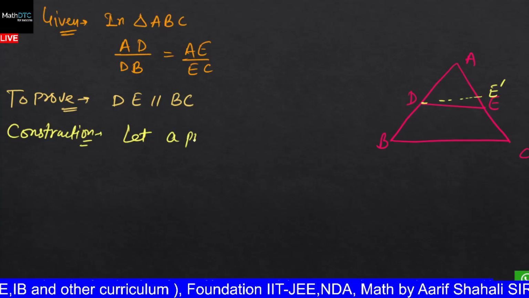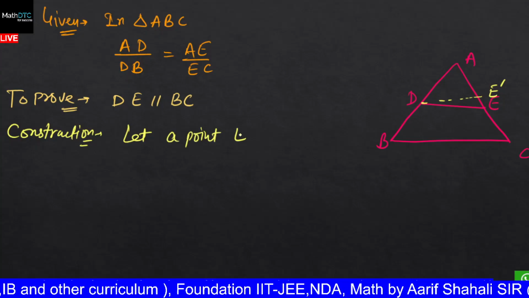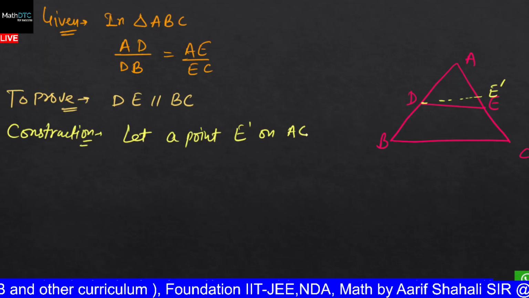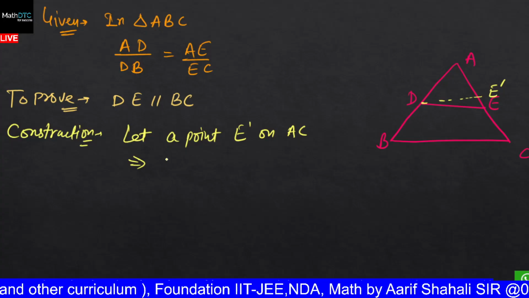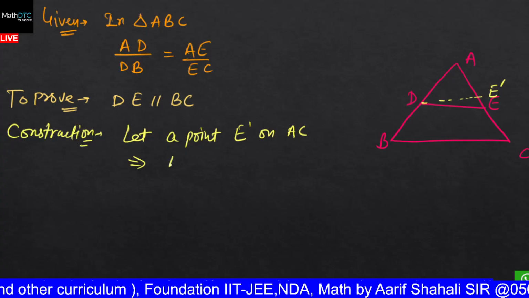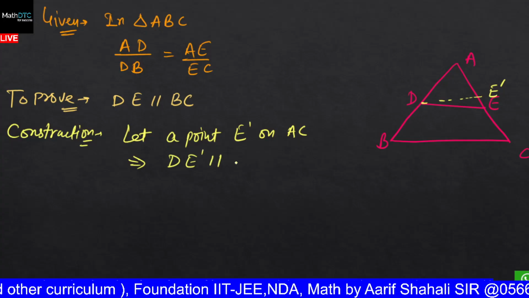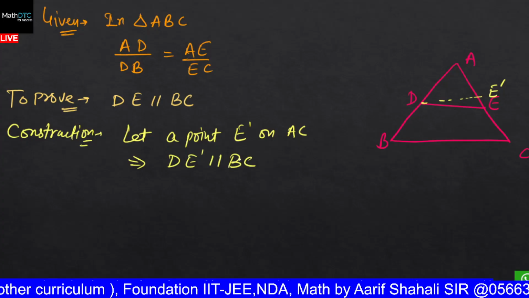Let a point E dash be on AC, and we have to suppose that DE dash is parallel to BC. Do you understand?